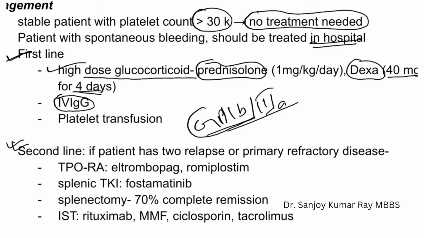In ITP, the antibody is formed against the glycoprotein 2b3a receptor. So if IVIG is given, that will block this receptor and thereby prevent the action of the autoantibody on this receptor. So this is the second option under first line treatment modality. And if needed, in case of severe bleeding, platelet transfusion can be given.